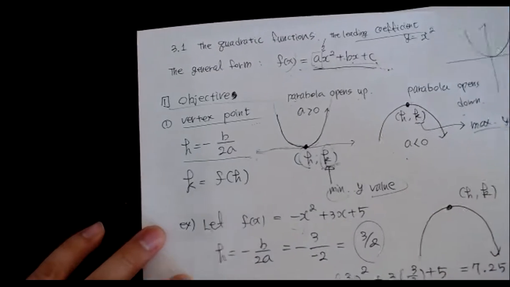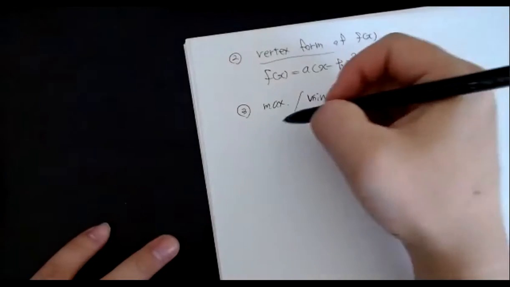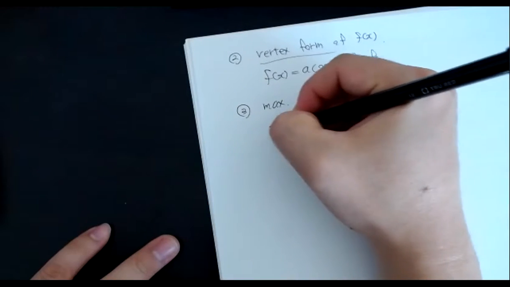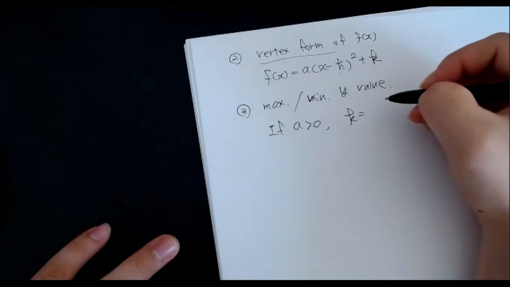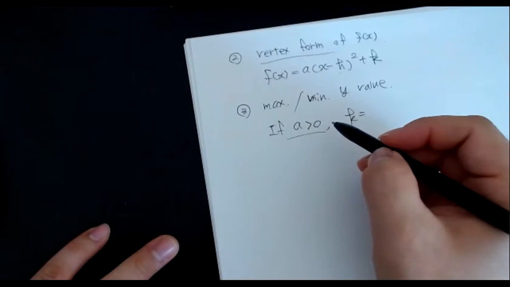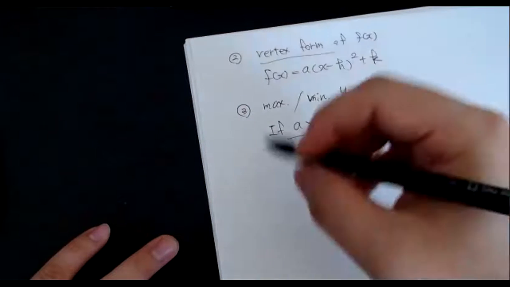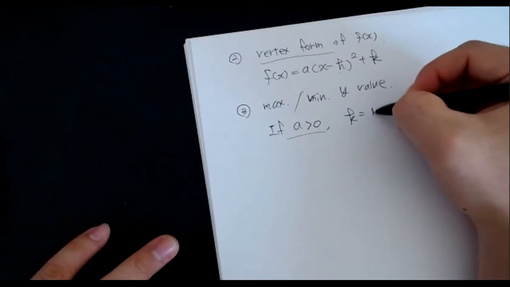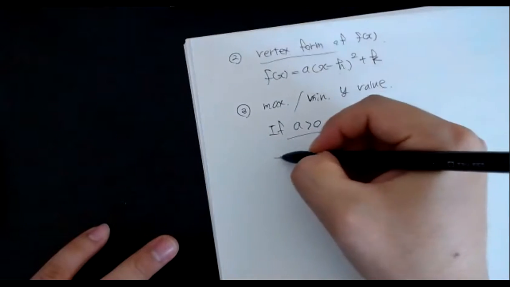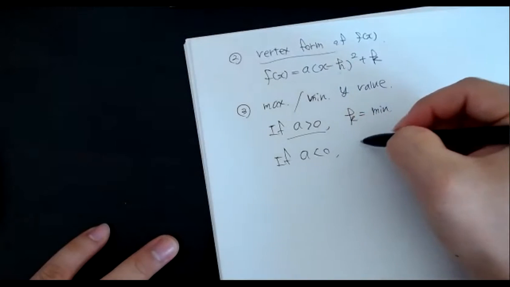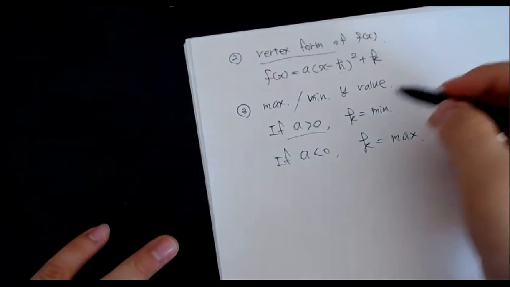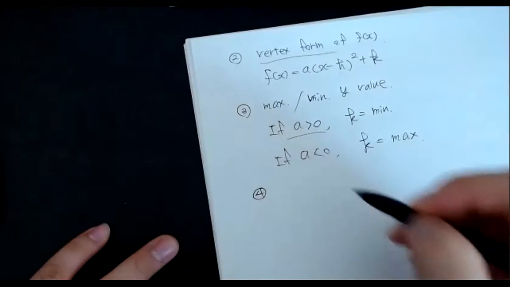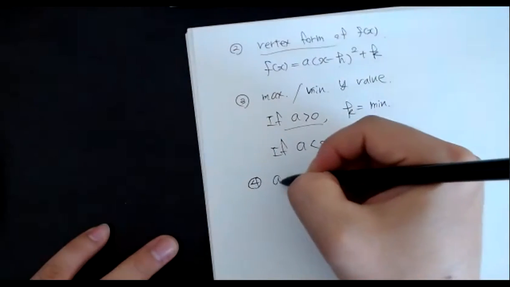Keep in mind, if a is greater than 0, the parabola opens up, so k must be the minimum. And if a is less than 0, then k must be the maximum.